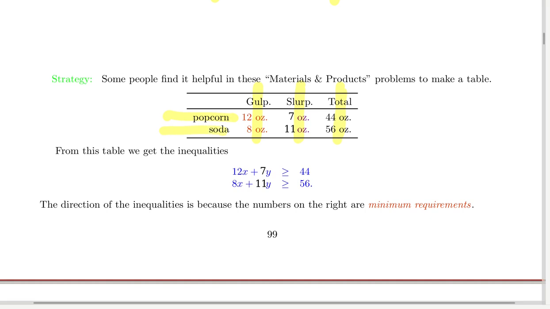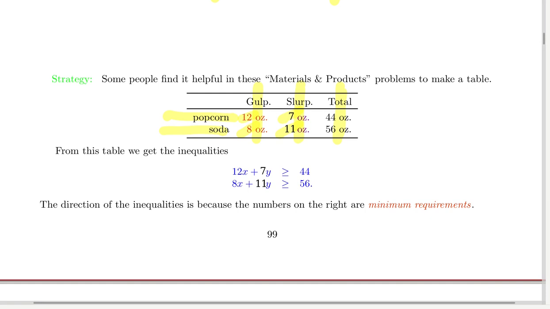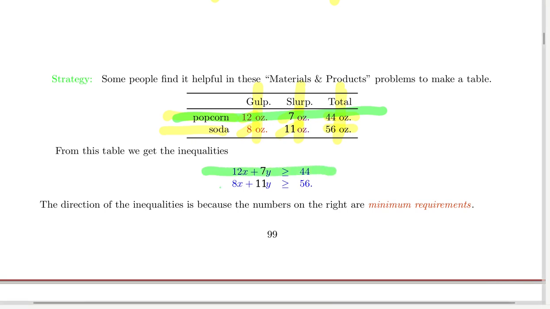So the Gulpalicious has 12 ounces of popcorn, 8 ounces of soda, the Slurpalicious 7 ounces of popcorn, 11 ounces of soda, and then you have the totals on the right, and this way each row in the table corresponds to one inequality, right?